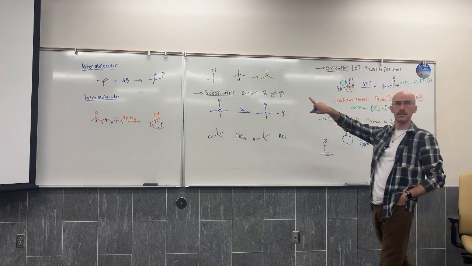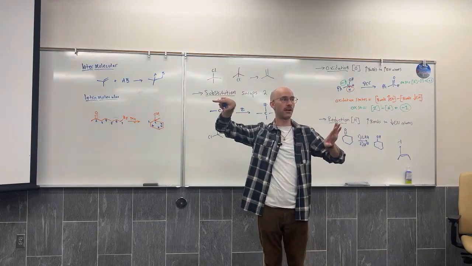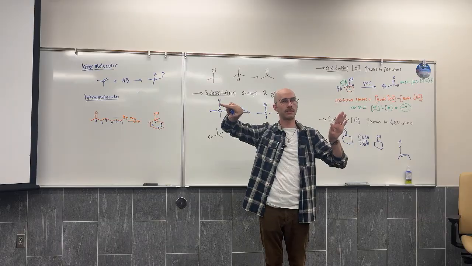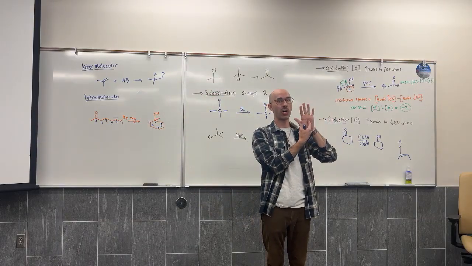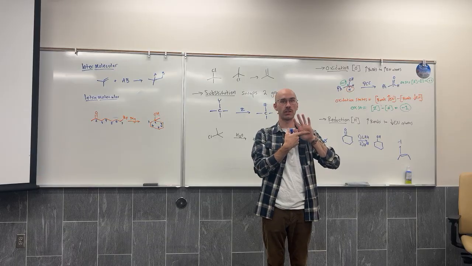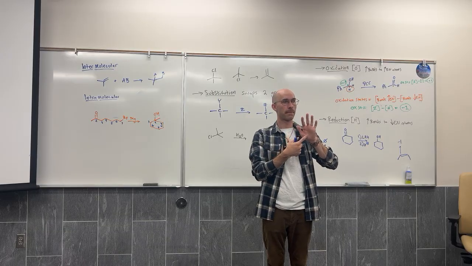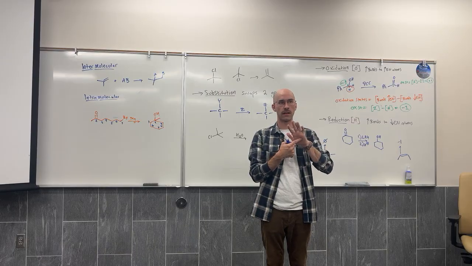Carbon 1 has been turned into a nucleophile, a Lewis base. And carbon 1 has attacked carbon 2 to do an addition reaction. It's added across the pi bond of the CO double bond.